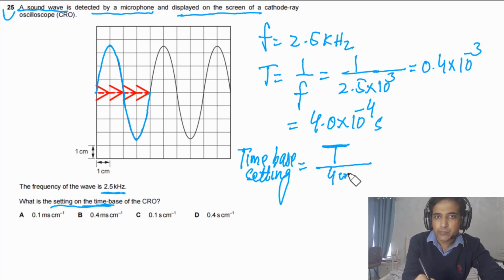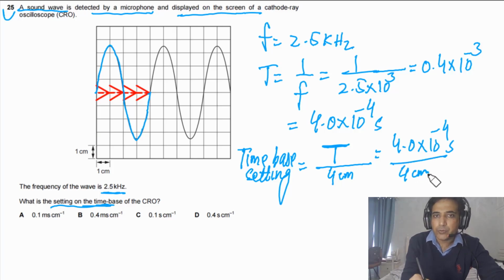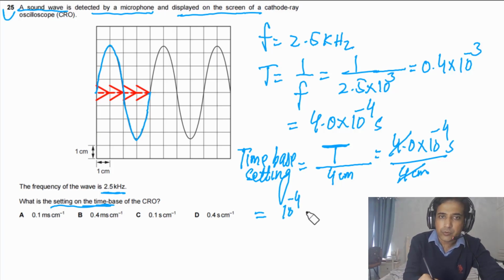So we can say this is 4 centimeters, and here we have 4.0 times 10 to minus 4 seconds, divided by 4 centimeters. So this 4 we can cancel with this 4. So simply time base setting is 10 to minus 4 seconds per centimeter. It means 1 centimeter is representing 10 to minus 4 seconds.